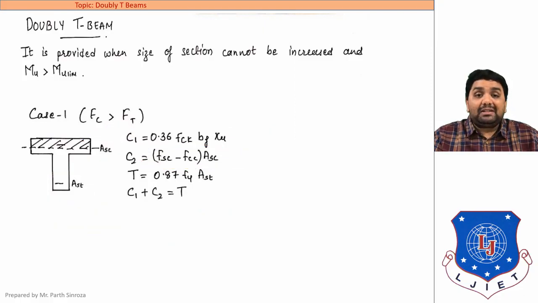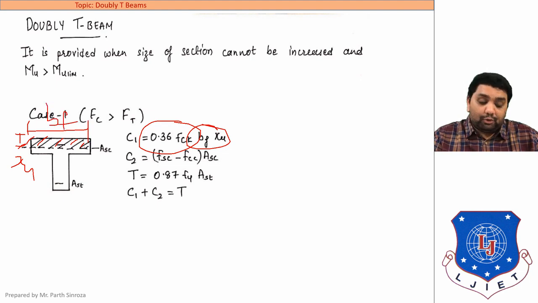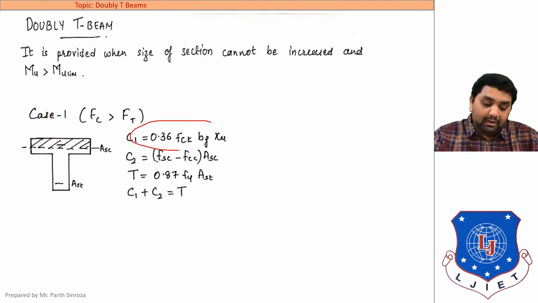Here, as we are discussing compressive forces, force is always equal to stress into area. The hatched portion, the area will be, this depth will be XU and this width will be BF. So the area of the hatched portion will be BF into XU. So the force acting on it will be 0.36 FCK BF XU.